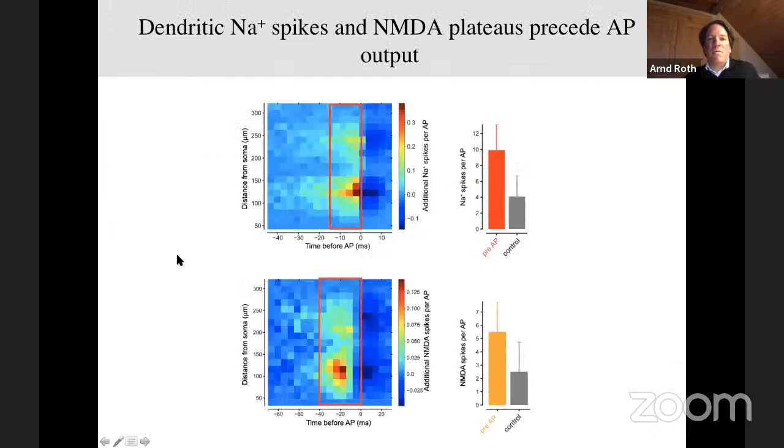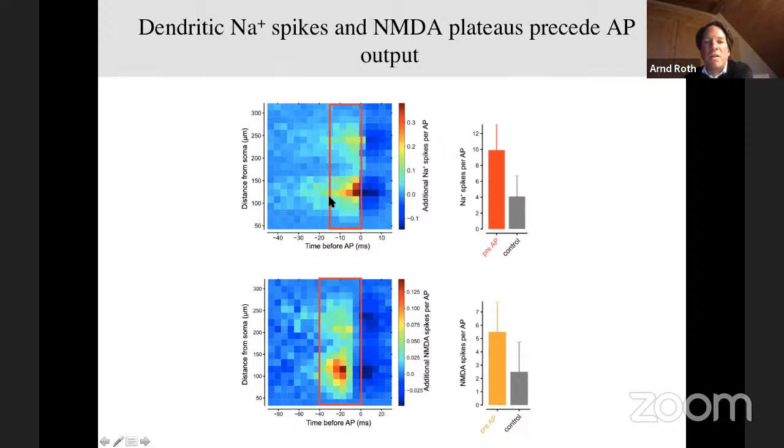So triggering now on an action potential, we can look back in the same way as we did when we triggered on a dendritic spike event, and we can look back on how many dendritic spike events we observed using our detectors in space and time. And you can see in the top that going back up to about 15 to 20 milliseconds, there is an increase in the number of sodium spike events detected that happen at 2 distinct distances from the soma, which is mostly due to morphology.